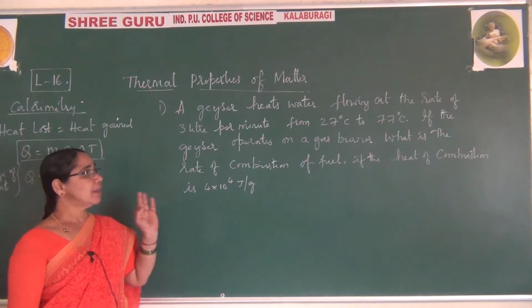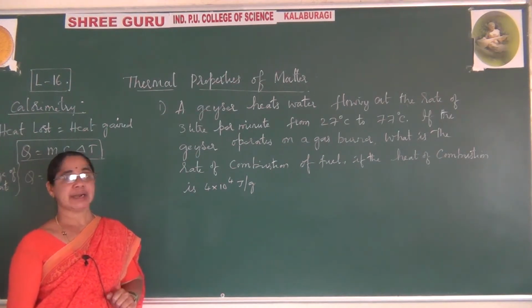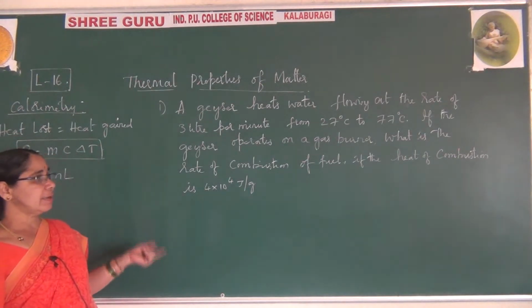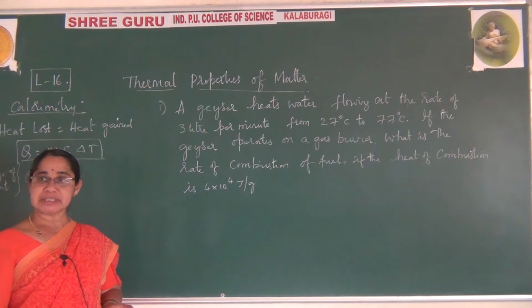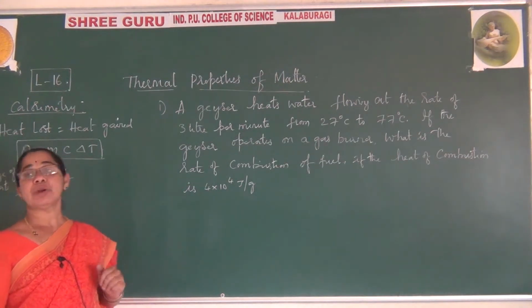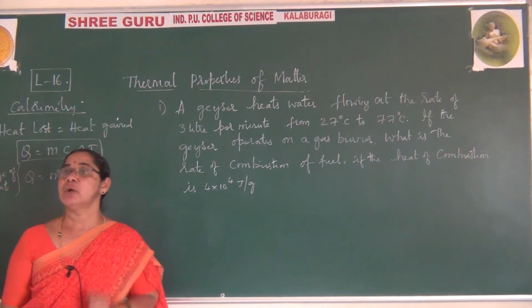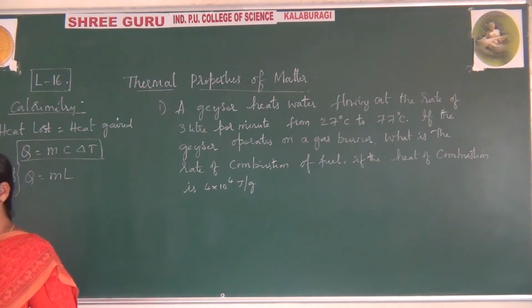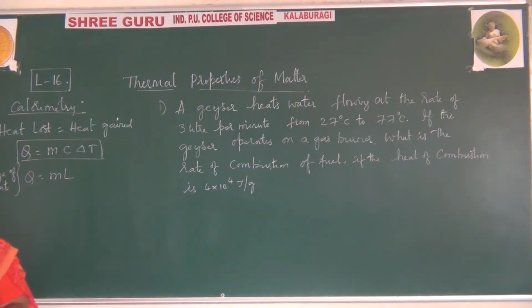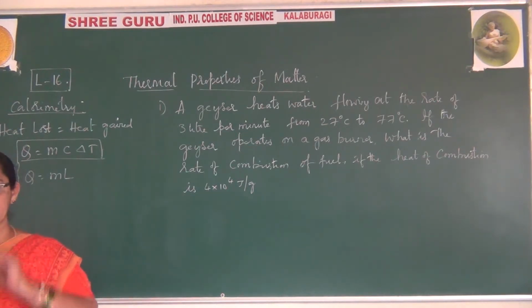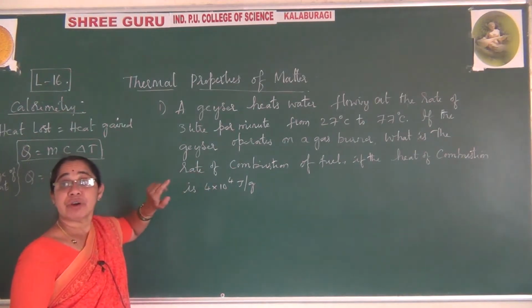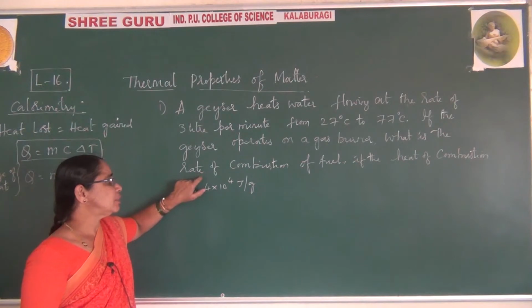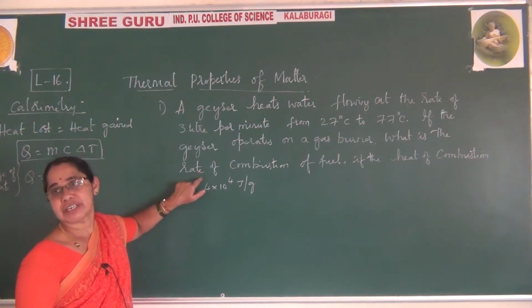So the rate of combustion of fuel you have to calculate. They have given the heat of combustion, but they are asking to calculate the rate of combustion. Rate of combustion means how much is burned per minute. So for 1 minute, how much combustion of the fuel is required for it.